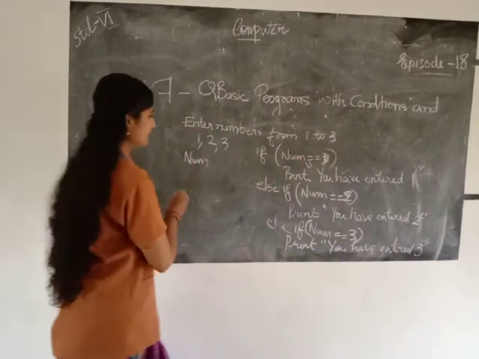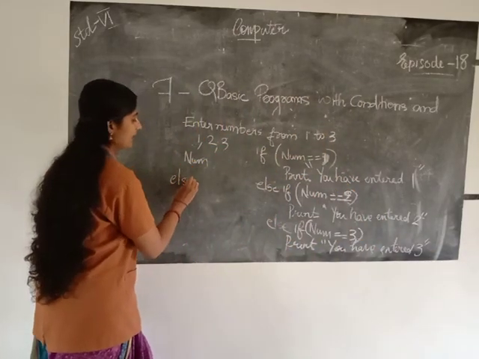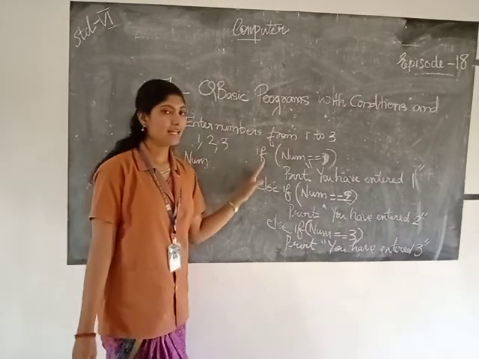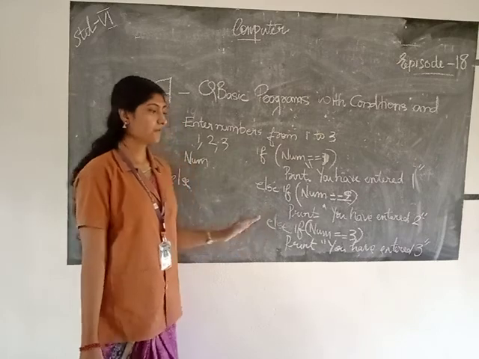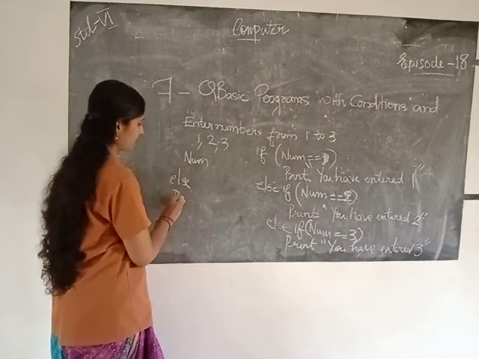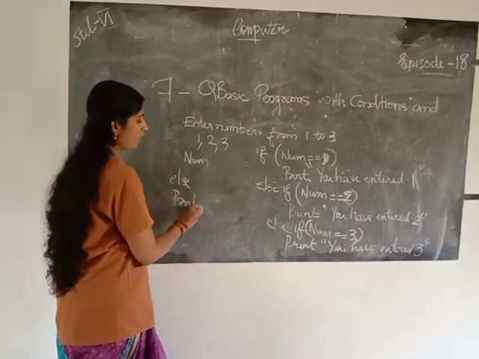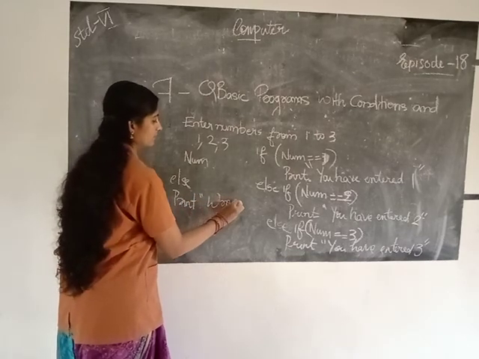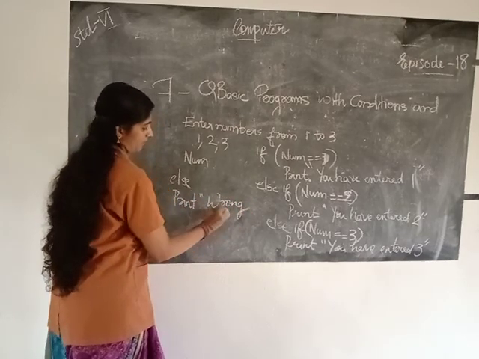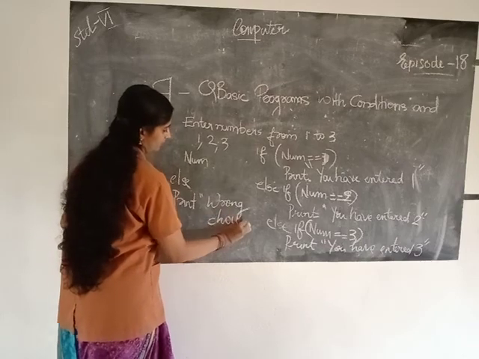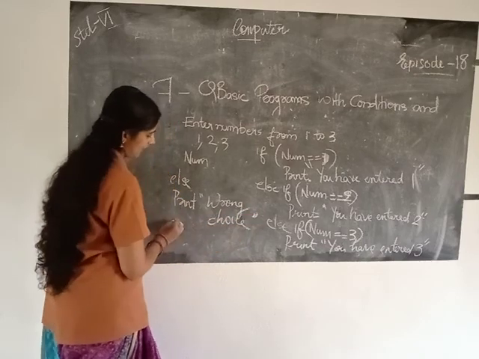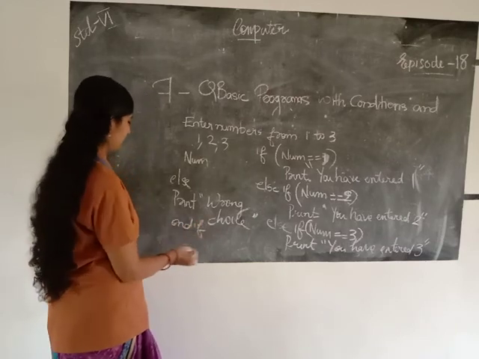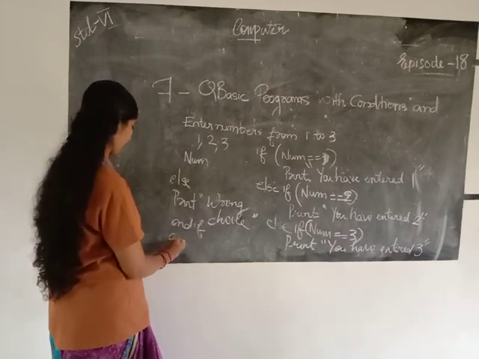Then else, if you enter any other number, that means no condition is satisfied. So the printing statement is wrong choice or invalid number. Wrong choice. Then end the program.